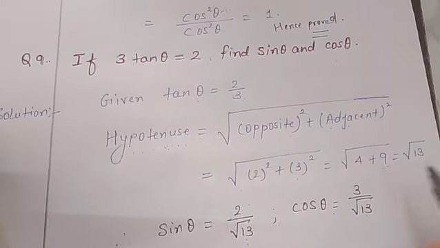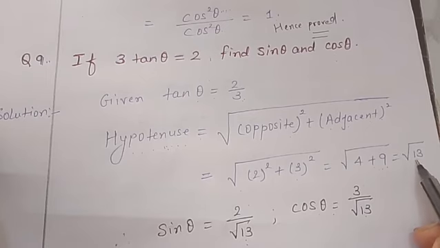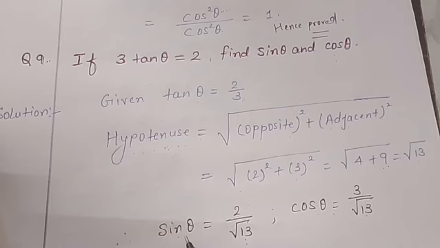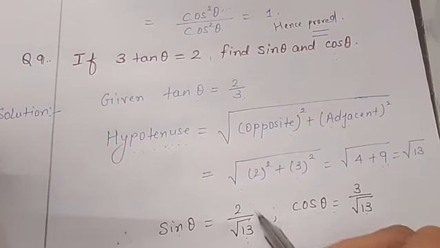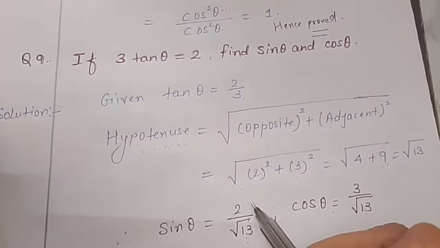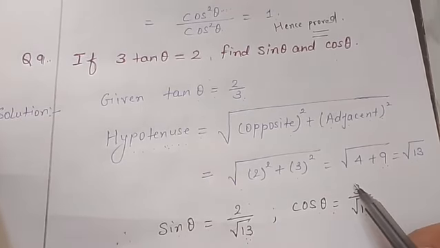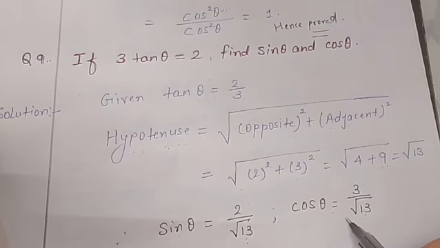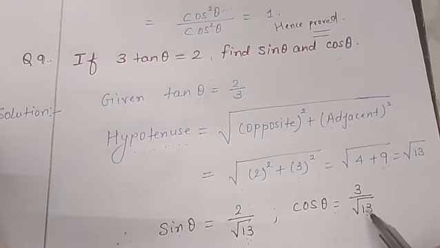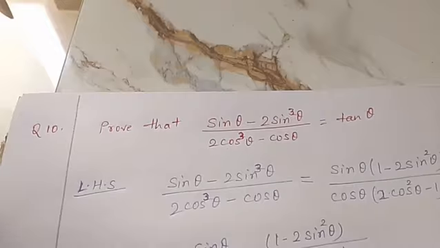Add these two numbers so that it's equal to under root 13. Now find sin theta. Sin theta is equal to opposite by hypotenuse, which is 2 upon root 13. Cos theta is equal to adjacent by hypotenuse, which is 3 by root 13.